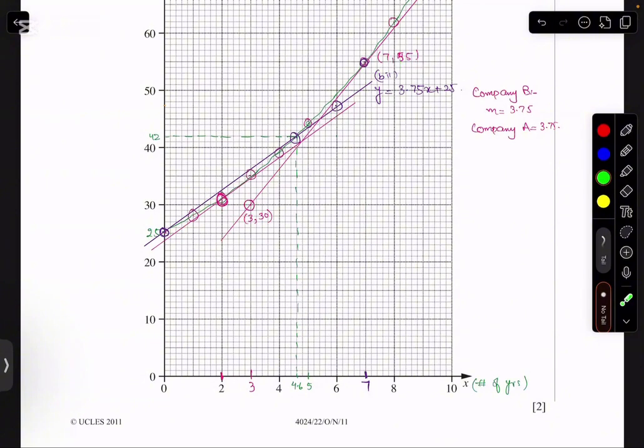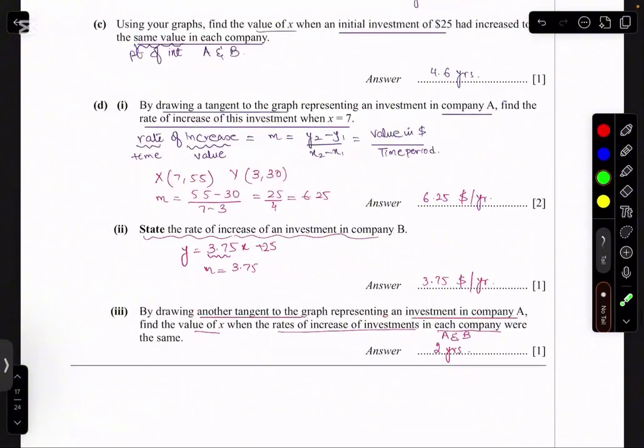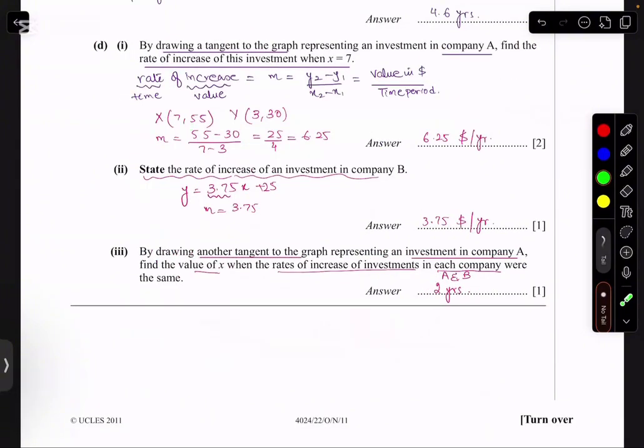Again, repeating, rate of increase in any value is actually the gradient value. So by making the tangent here, I needed to find the gradient of this tangent to get the rate of increase in company A after 7 years. So I had these two values, 7 and 55, and 3 and 30.